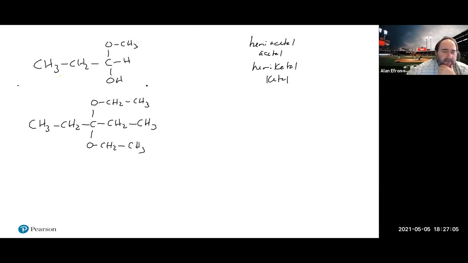So try to correctly identify each of these structures here, the one on top and the one on the bottom, and see what you come up with. What is each of these? Look for those parts we just talked about, and we'll double check here in a second.